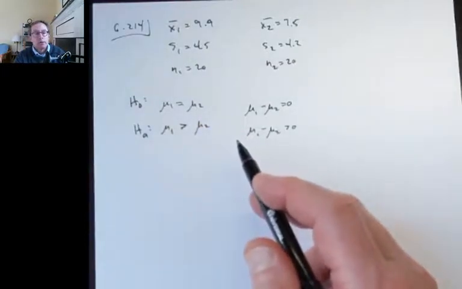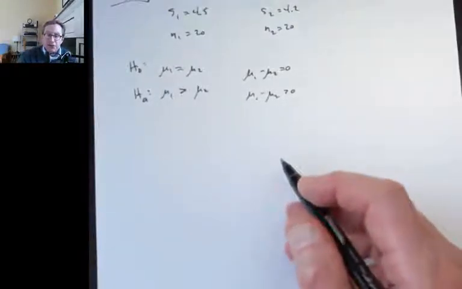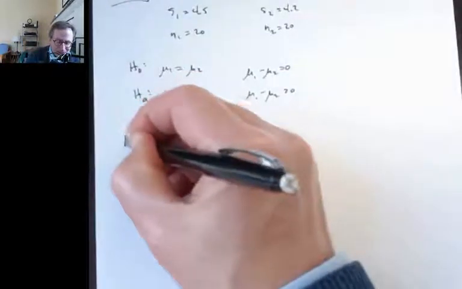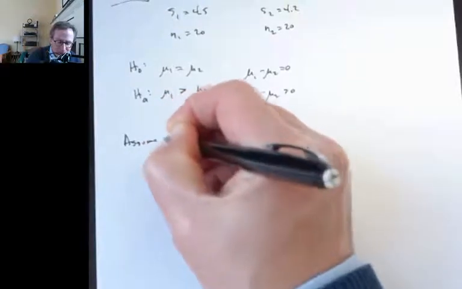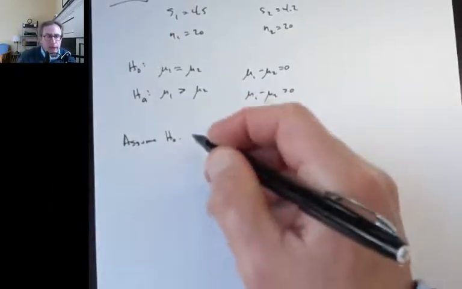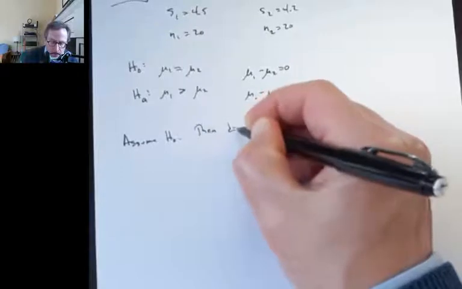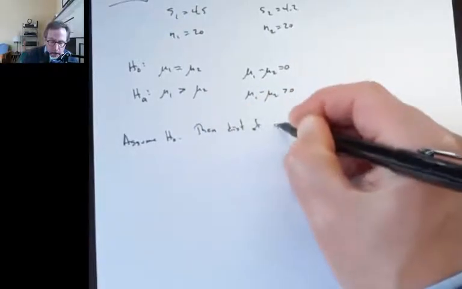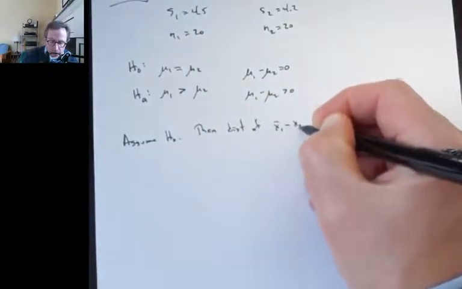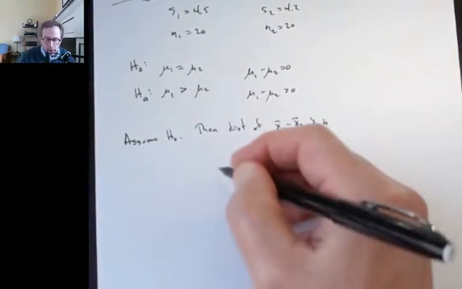I hope so. And now we're ready to run the test. Test always starts the same way. The magic 2 words: assume H0. Okay. Then we get a distribution of samples. The distribution of x1 bar minus x2 bar, the sampling distribution, would look like this.